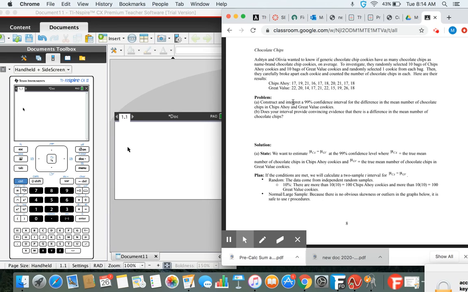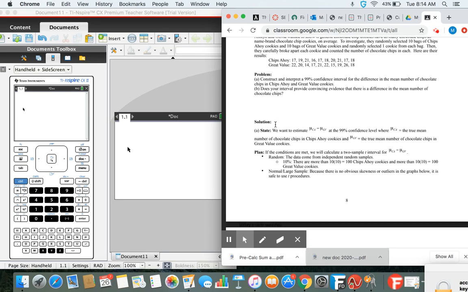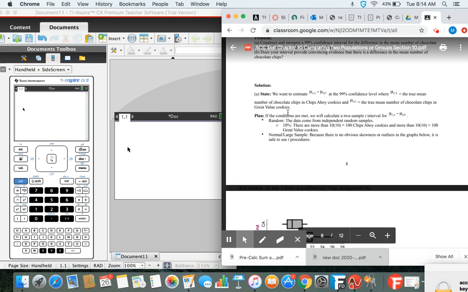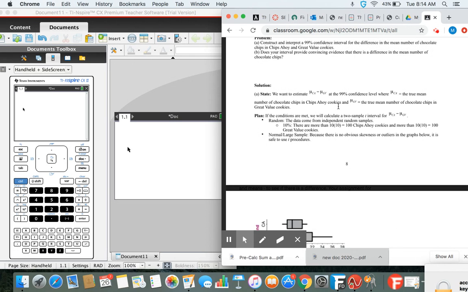All right. It says construct and interpret a 99% confidence interval. And it also says, does this interval provide convincing evidence that there is a difference in the mean number? Okay. So lay out your parameters, define how you're labeling mu sub, in this case, Chips Ahoy, Great Value.